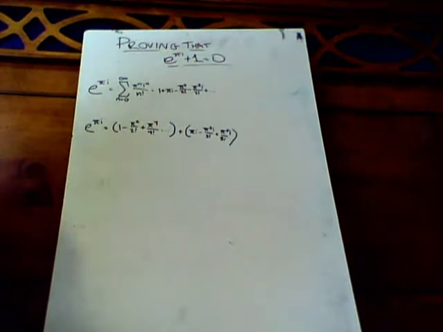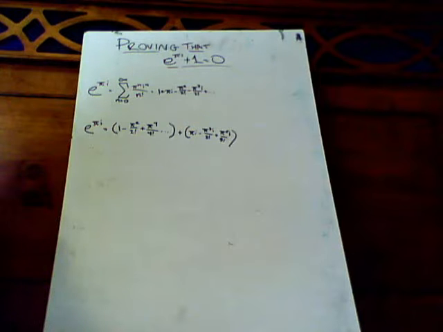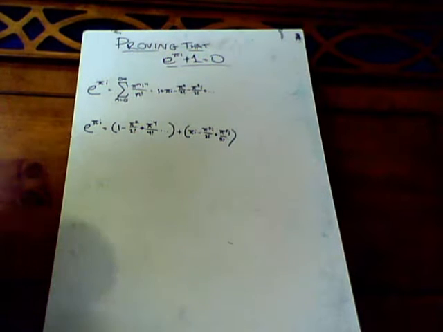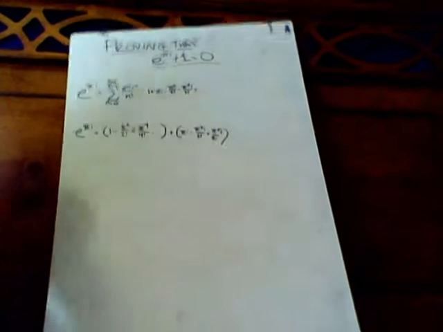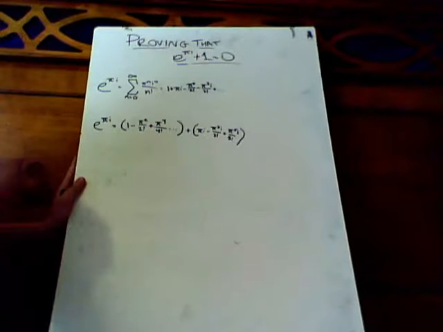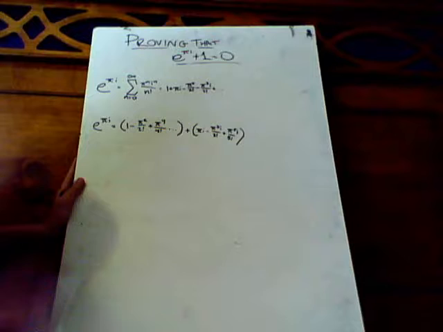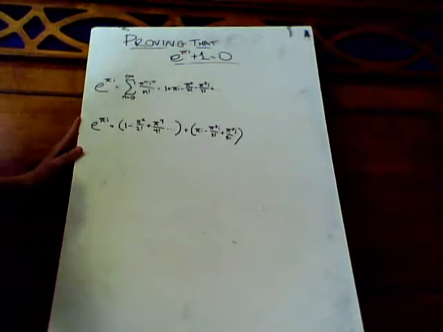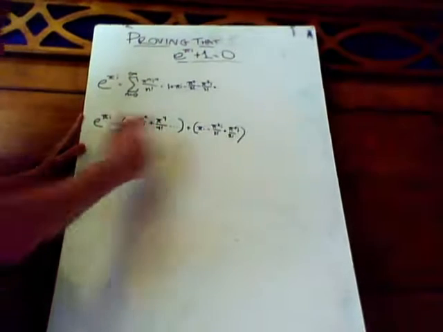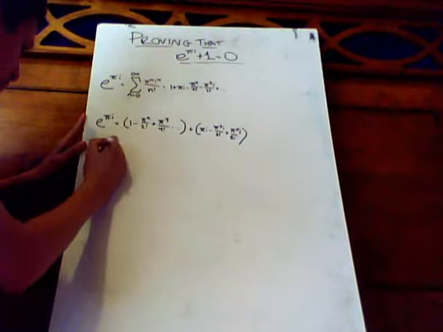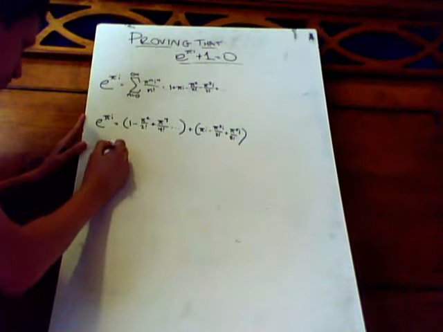Alright, so we're there. And here is where the proof starts coming in. This is pretty much where we come into de Moivre's theorem, which is what I mentioned in the last video. If you notice, let's factor out an i from the second term here.